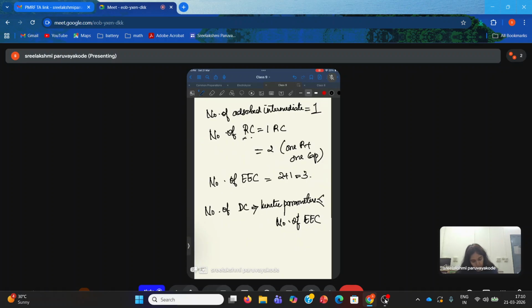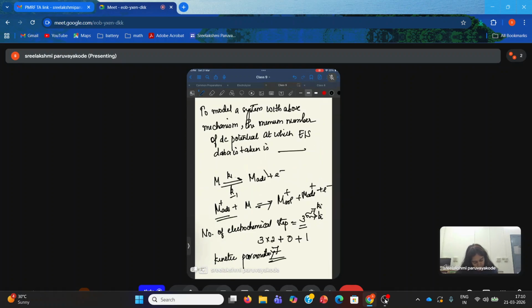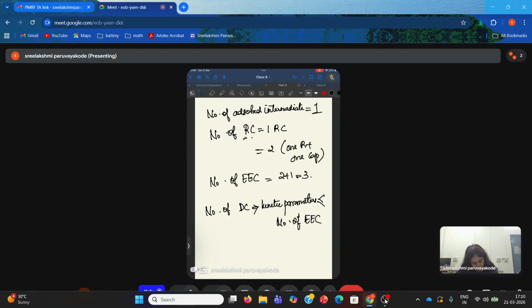So how do you find that out? It is (2p plus q plus 1) by (2n plus 1). 2p plus q plus 1 here is 7, divided by the number of equivalent electric circuit parameters, which is 3. So 2.333. We have to always round that up, not round it down. So the value is 3. 3 DC potentials. So is that the answer given there? Yeah.